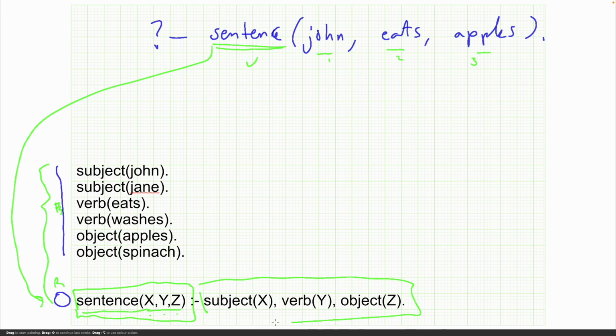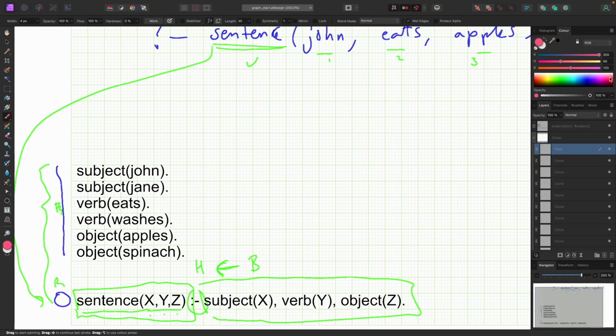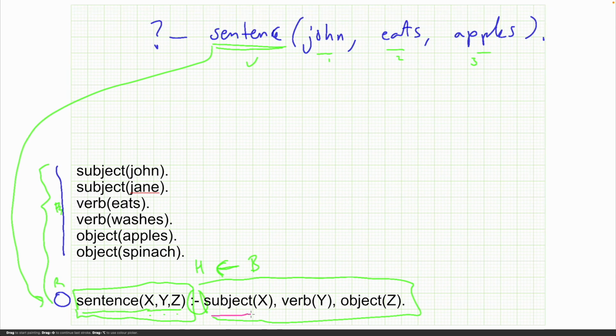the body, because remember, the head is true if the body is true. It's that way around. And now the body has got 3 parts. It's got subject, verb and object, 3 goals, and they are actually filled in. So X is actually John, Y is eats, and Z is apples.